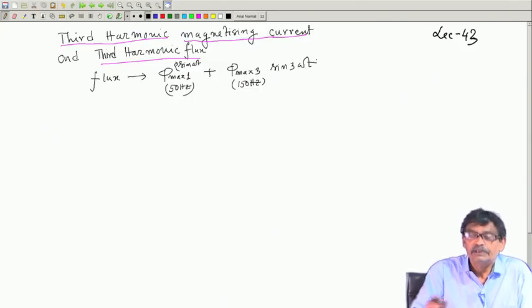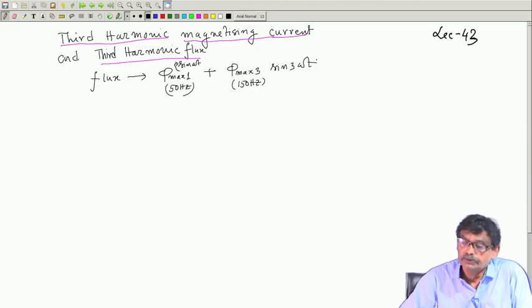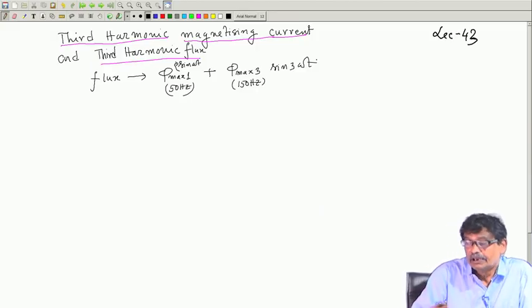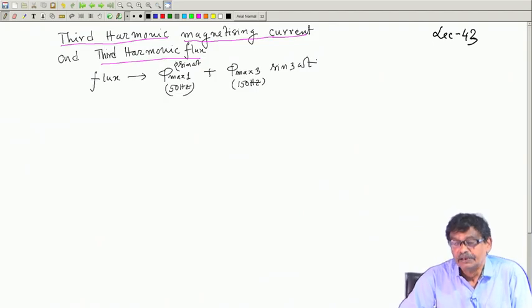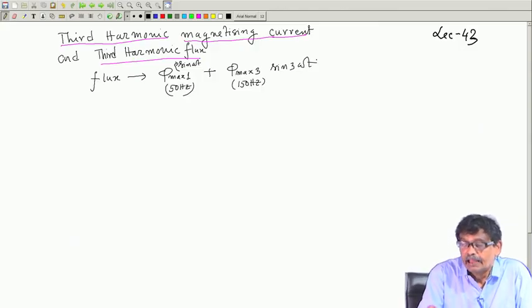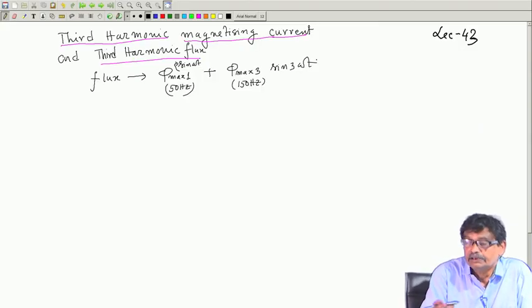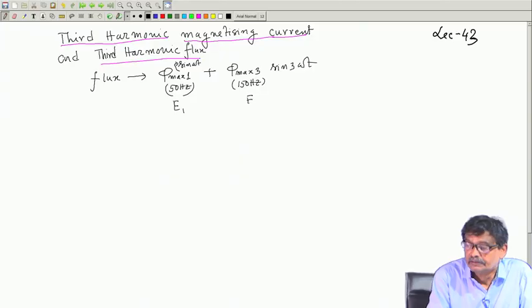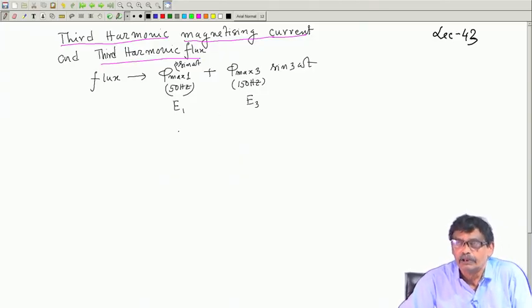Then both of them are going to induce voltage. In essence, what I have assumed is that the exciting or magnetizing current is the 50 hertz component, which is why the flux has come out to be this. Then I want to see how E 1 and E 3, the fundamental component and the third harmonic component, will look like.